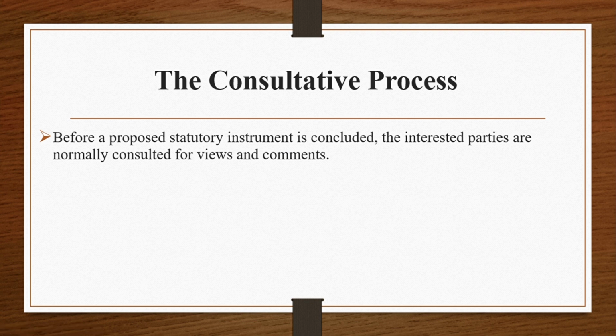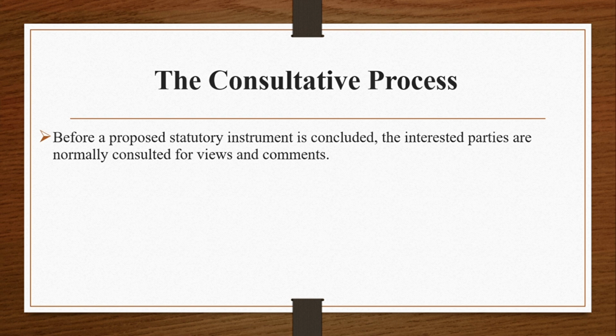So before finalizing a statutory instrument, stakeholders or interested parties are consulted to gather their views and comments. For example, before passing the labor laws that affect very many stakeholders, they have to first consult those stakeholders like the business people, the employers, the associations, the labor unions, and any other relevant industry stakeholder.